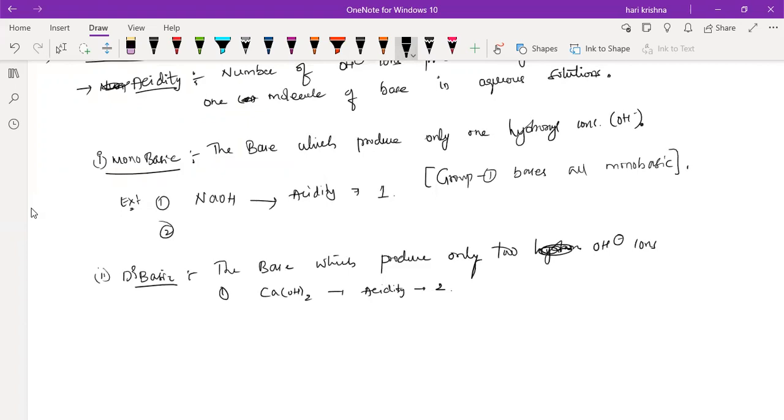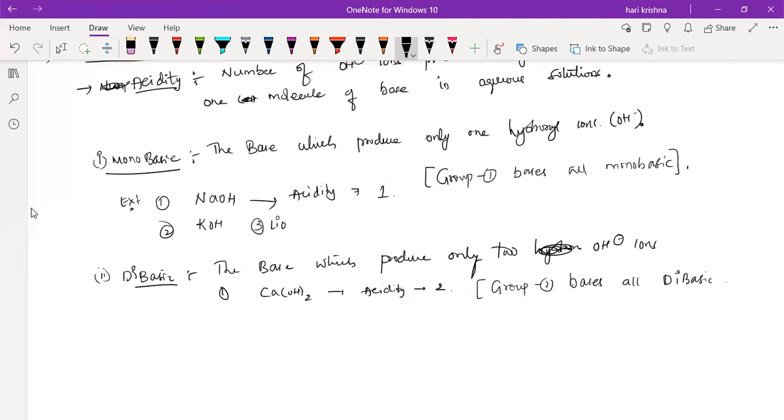Now, who will tell the elements present in group number 1? Hydrogen, lithium, sodium, potassium, rubidium, cesium, and francium.